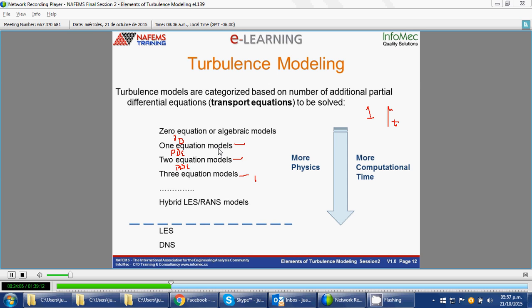If you use just an algebraic model, no partial differential equation, that's called a zero equation or algebraic model. And then we keep going up until we get to LES and DNS, and in between there are some hybrid methods, and we're going to talk about those a little bit. As we go in this direction, we're introducing usually, not always, more physics, and at the same time more computational time.